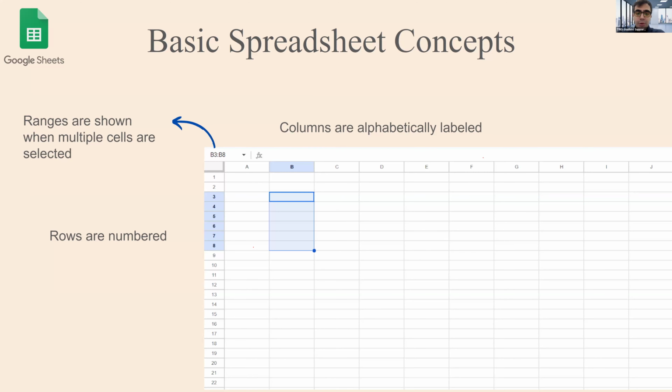And when you select and hold and grab multiple cells together, you're able to create a range. And the ranges are shown on the top left, here I have it with the arrow. And these ranges are very useful when we are using functions and formulas to calculate and compute different values.